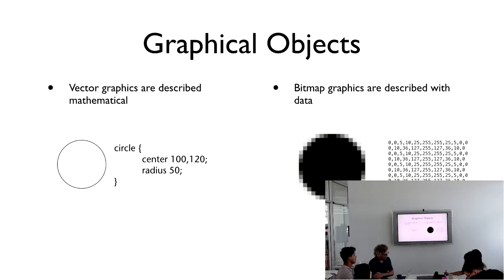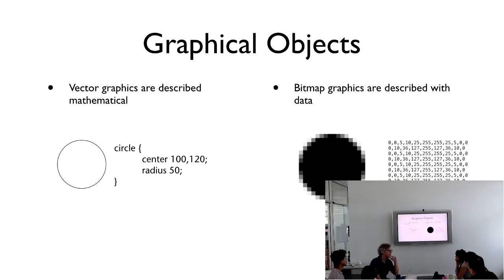Now, if we have this beautiful circle over here, and we want to turn that circle into a bitmap, how do we do that? Yes, you put a grid over it.